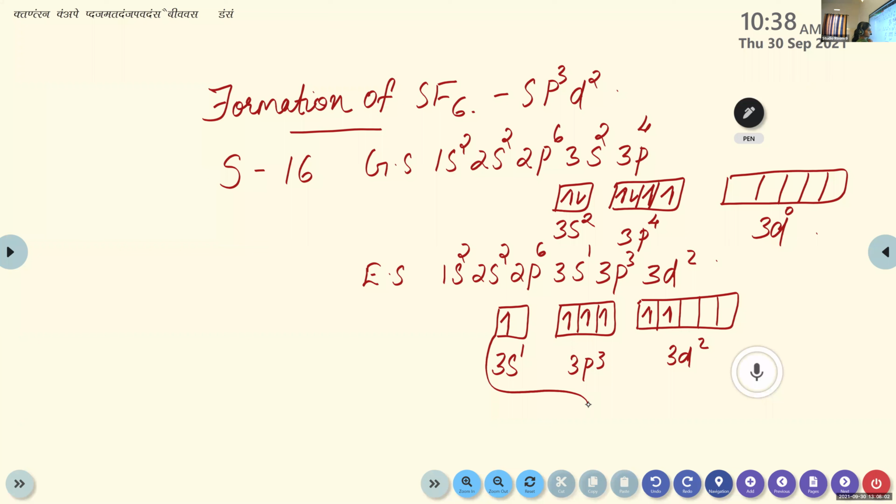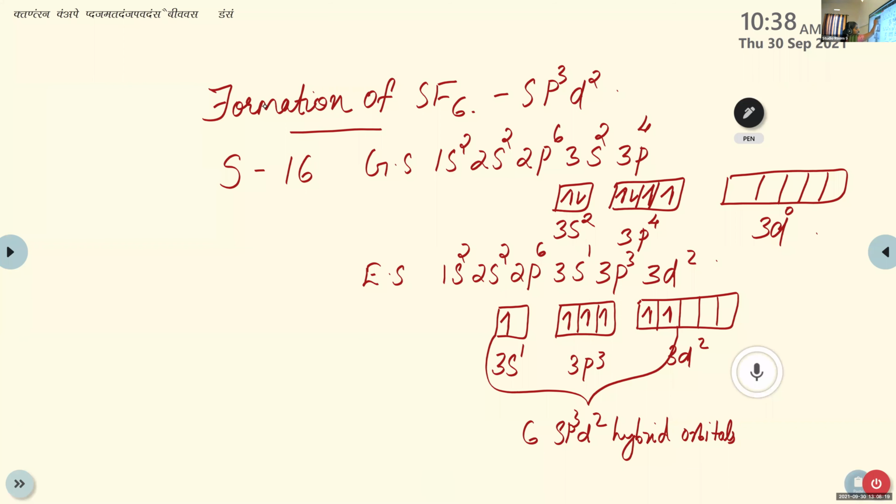So this 3s, 3p and 3d orbitals combine together to form sp3d2 hybrid orbitals. So there are 6 sp3d2 hybrid orbitals.